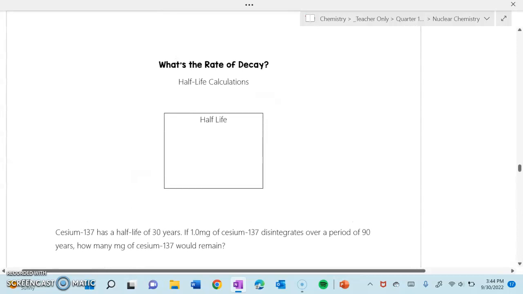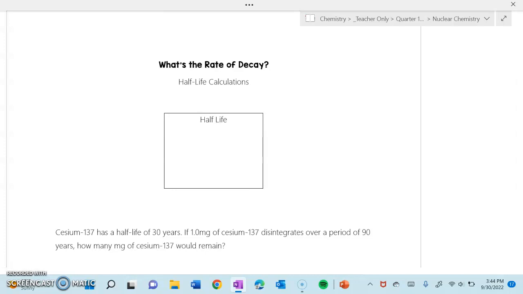So the half-life is the term we're going to use when we're talking about the amount of time it takes, or the rate of our decay. A half-life is defined as the time required for half of a sample to decay.